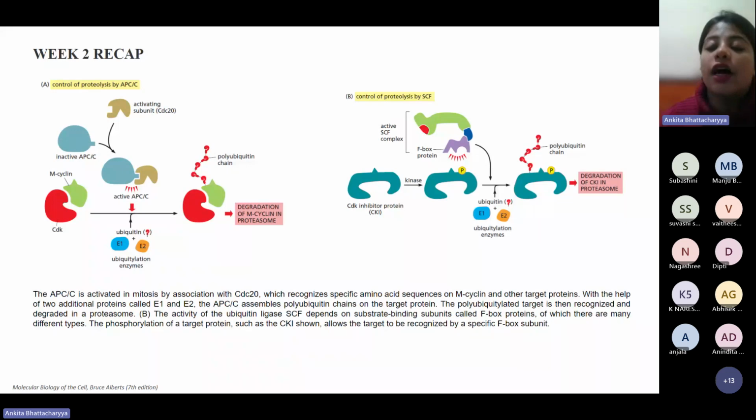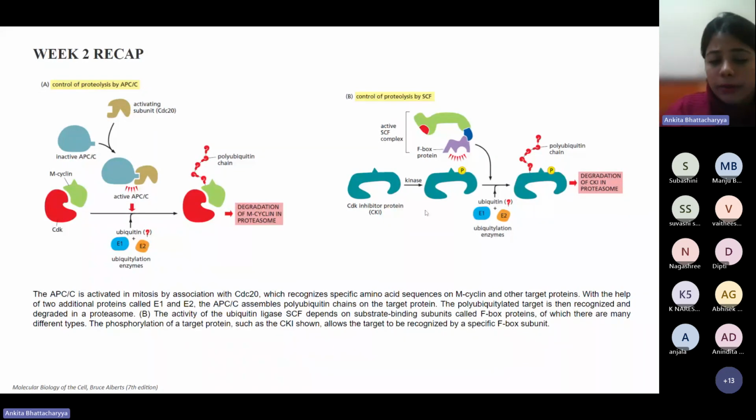Proteasomes are the protein degradation machinery of the cell. So it basically pulls in anything that is tagged with polyubiquitin and carries out its breakdown into individual amino acids. So that is what happens to M-cyclin after the process of polyubiquitination has been carried out.